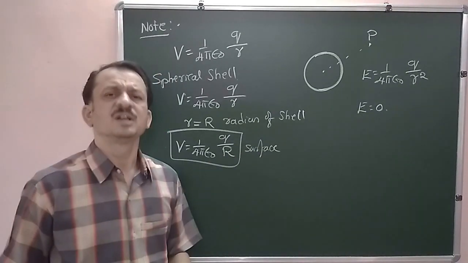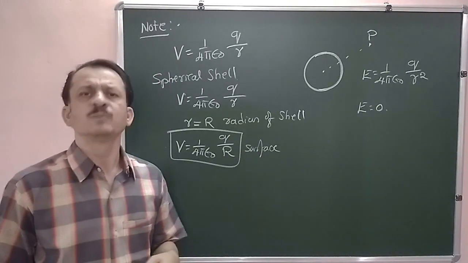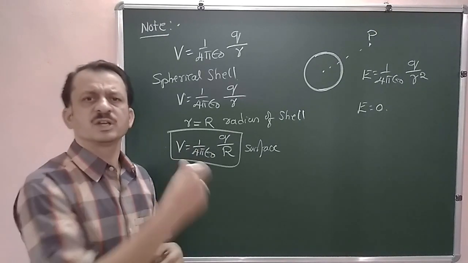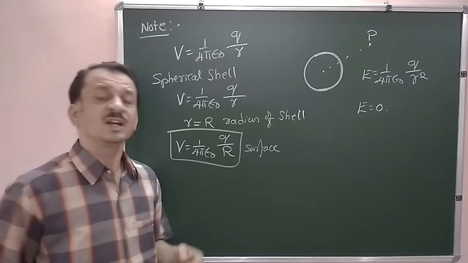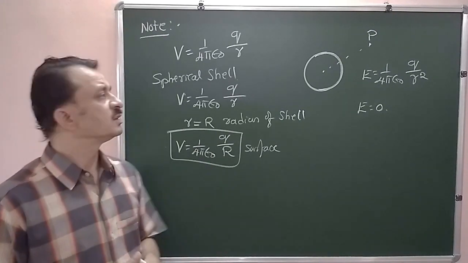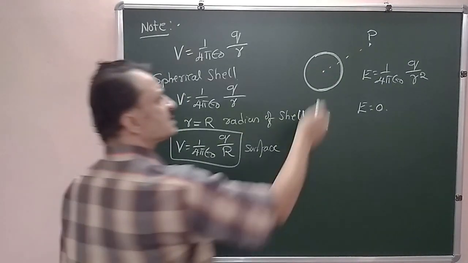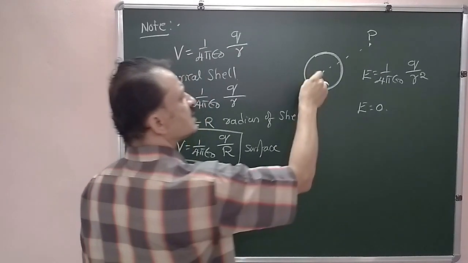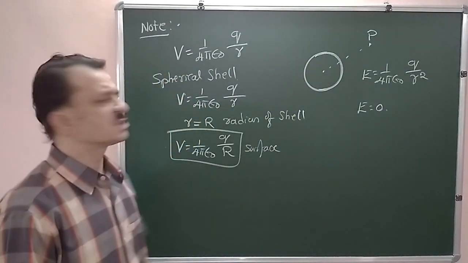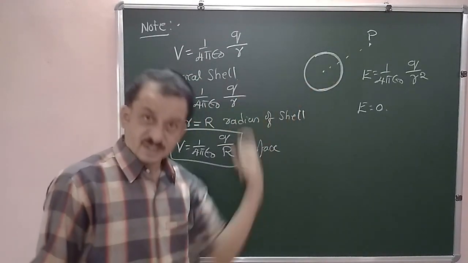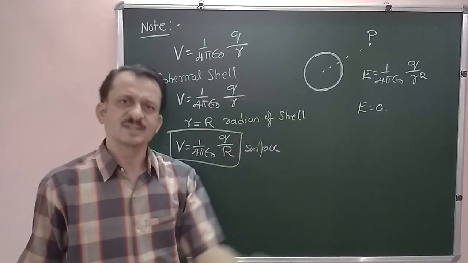What is potential? It is the amount of work done in moving a unit charge from one point to another against the field direction. Since there is no field inside, the work done is zero. The work done in moving any charge from one point to another inside the spherical shell is zero.